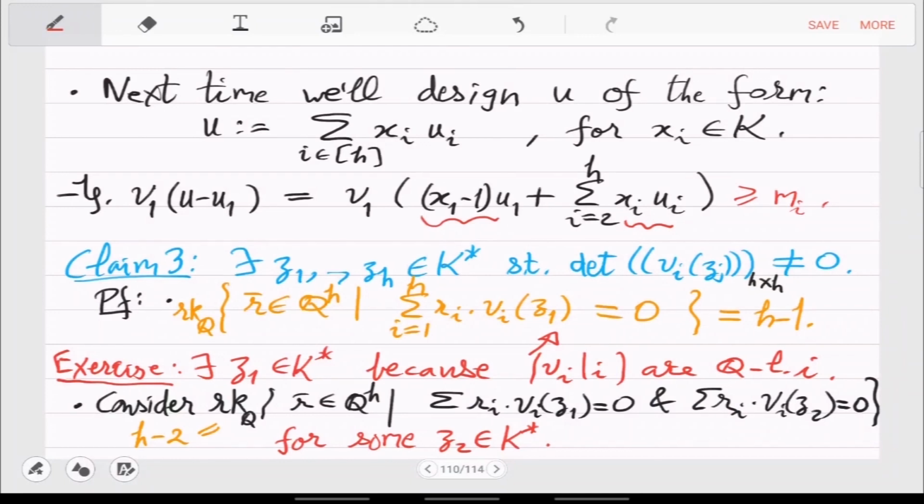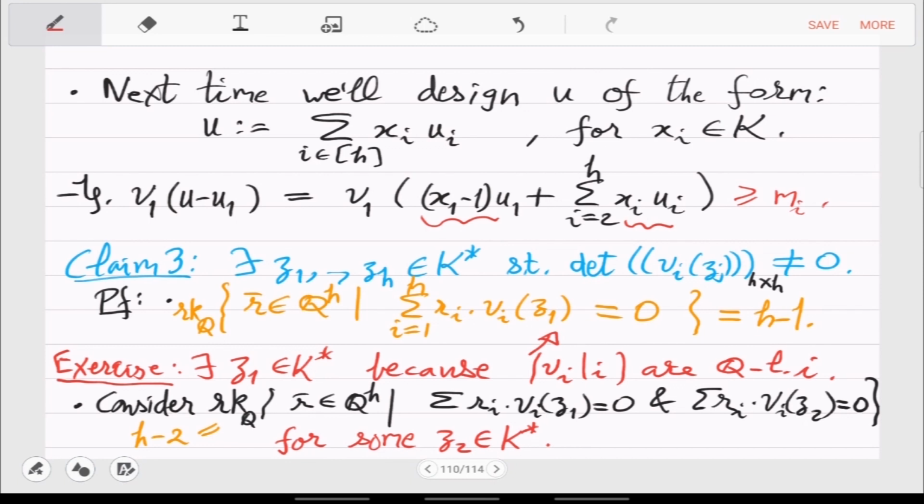Now the first constraint already reduces the dimension by 1. So you are in R bar cannot be more than H minus 1 dimensional solution set. The second constraint, so Z2, think of it as unknown, Z1 is fixed. What you do is that from the first constraint, you express RH as a combination of R1 to RH minus 1 and plug that in the second equation.